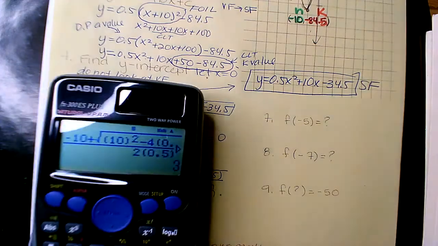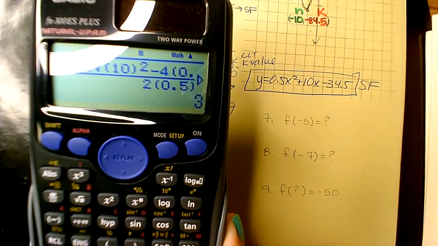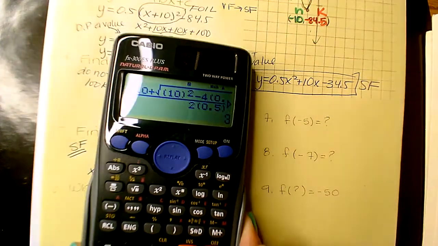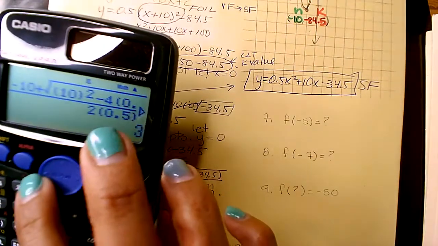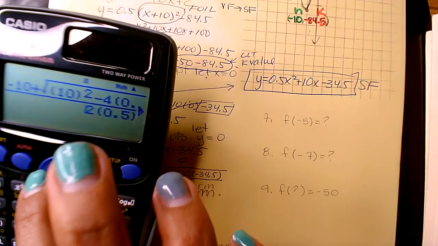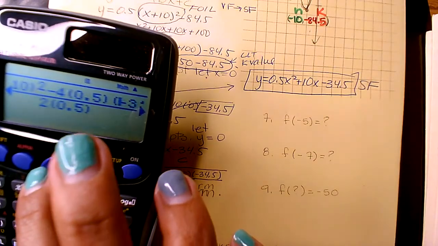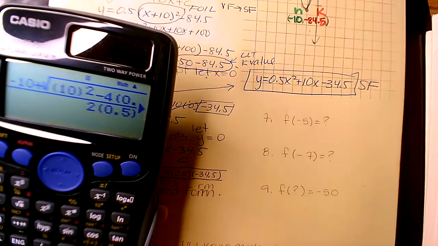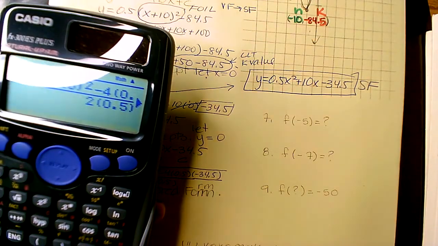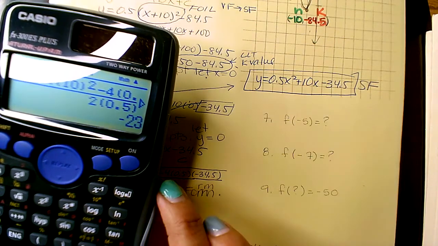So I type everything in, I do the plus first, and I get 3, right? And if I go back and I take the negative, delete, hit the negative, I get negative 23.